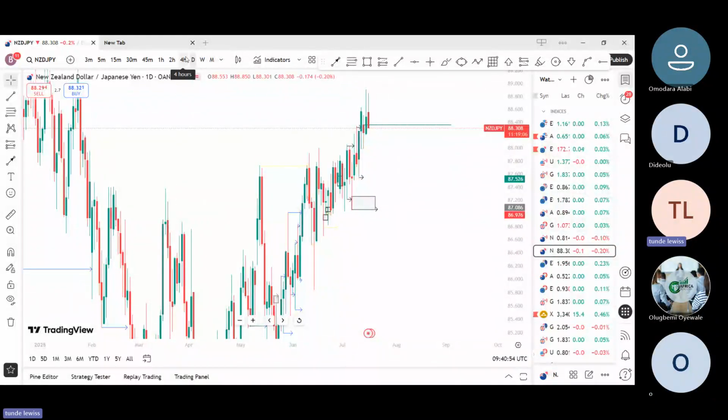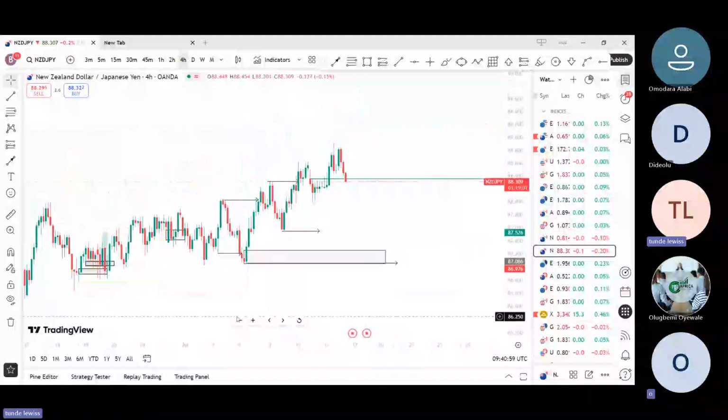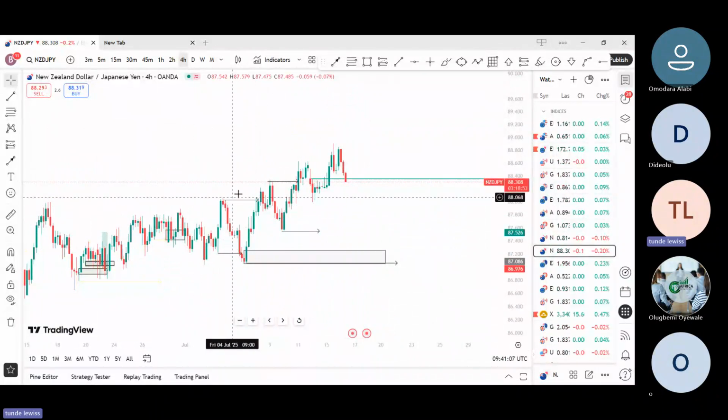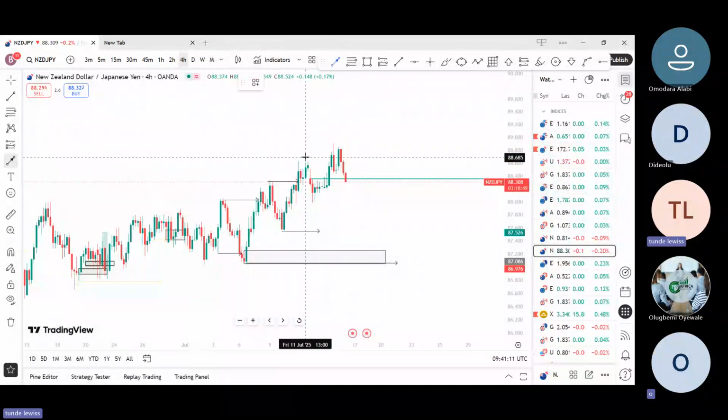So going down to the 4 hours time frame, I can see a setup, but to make it clearer, because this price keeps breaking structure to the upside. Price keeps breaking structure at this point here.